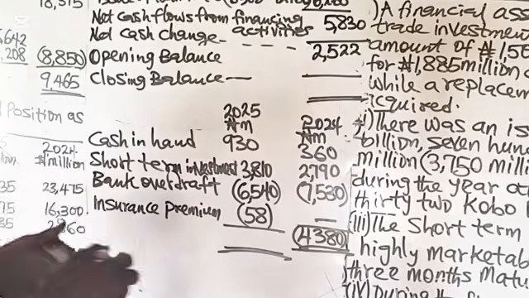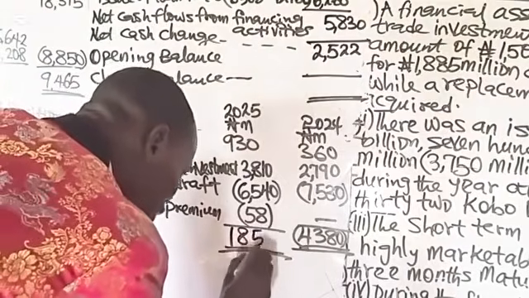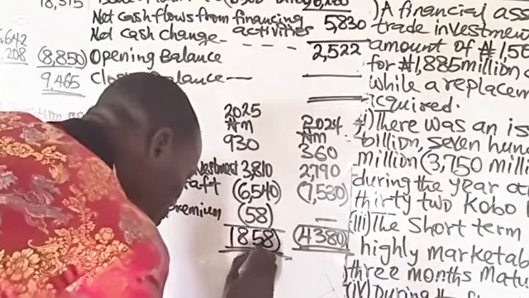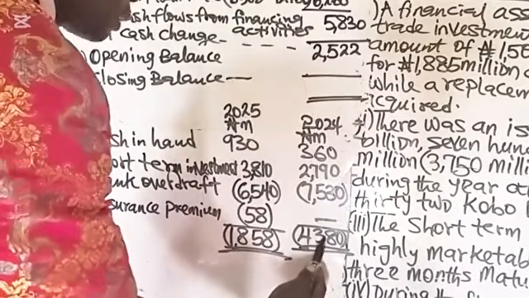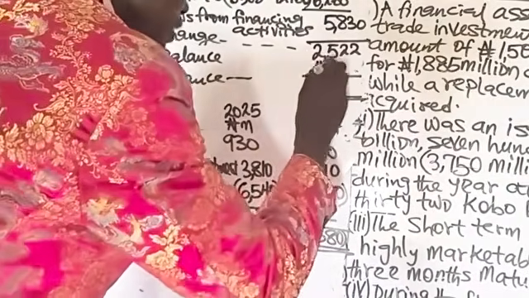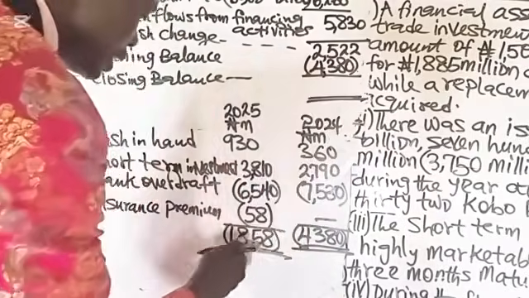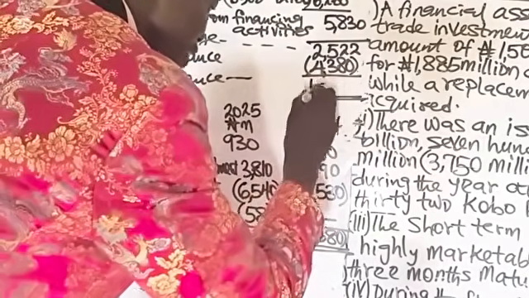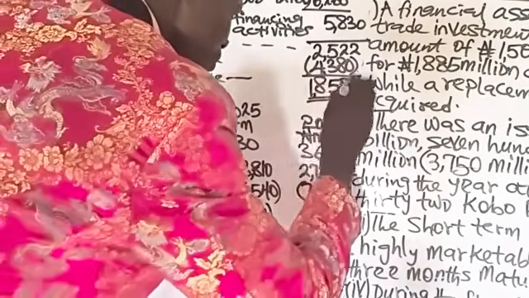So this gives us minus 1858. So the opening is negative 4380. The closing is negative 1858.